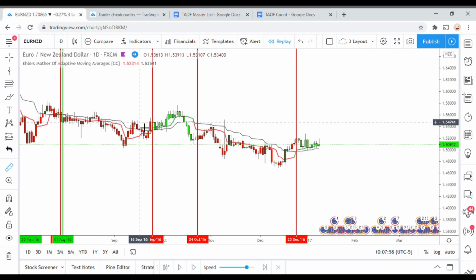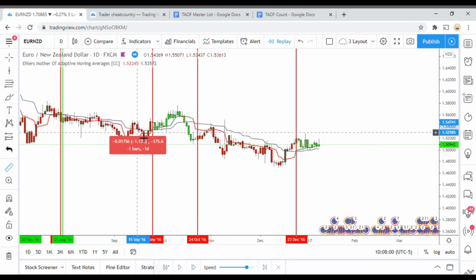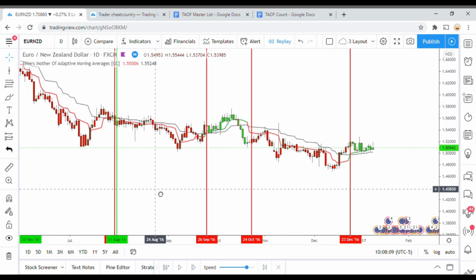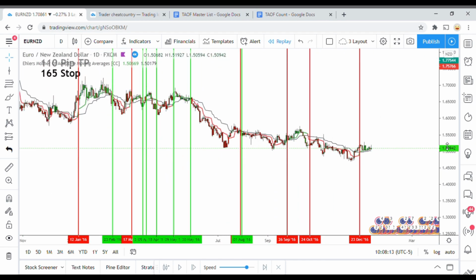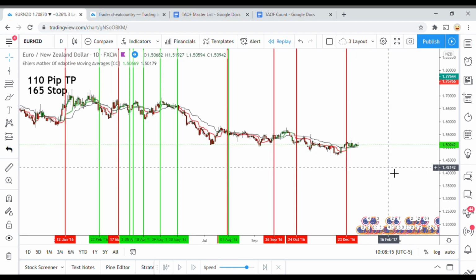Let me go back and check this one, because I was thinking the stop was at 135, not 165. Okay. Yep, we are good there.